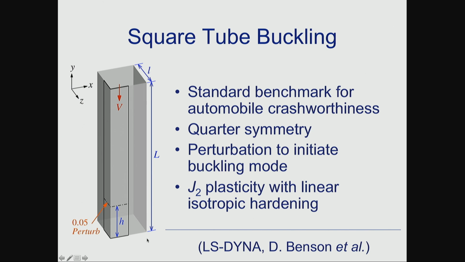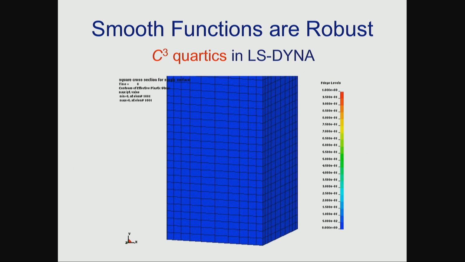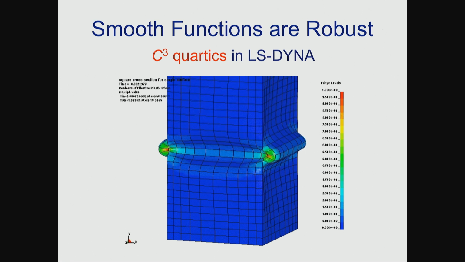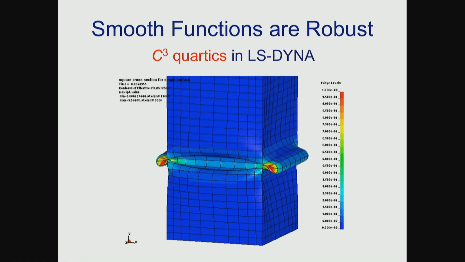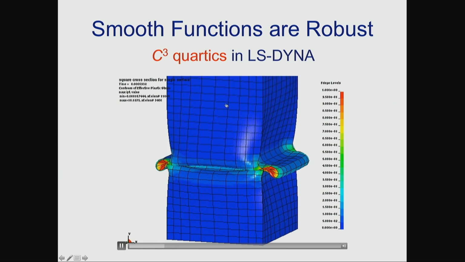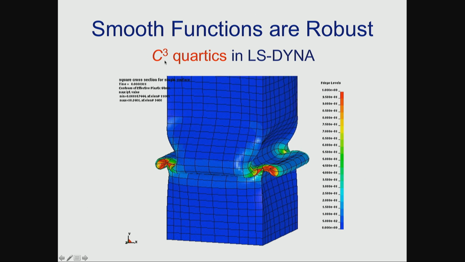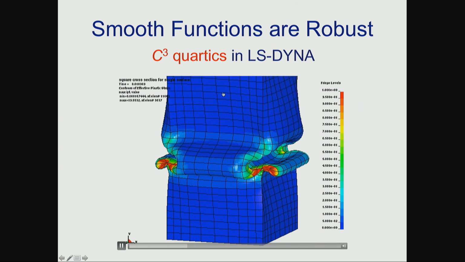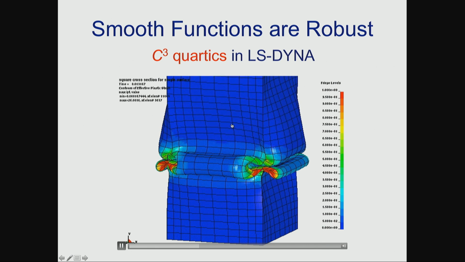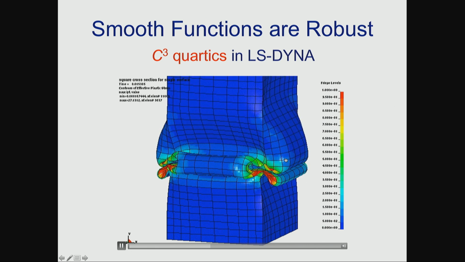And this was done in LS-DYNA, which used to be strictly a low-order code, but now it has isogeometric capabilities and other capabilities that are higher order. This is with C3 quartics. These are the Bezier elements. So the span of one of these quartics is over 5 of these Bezier elements. And you see you get a very nice result. It's very robust.